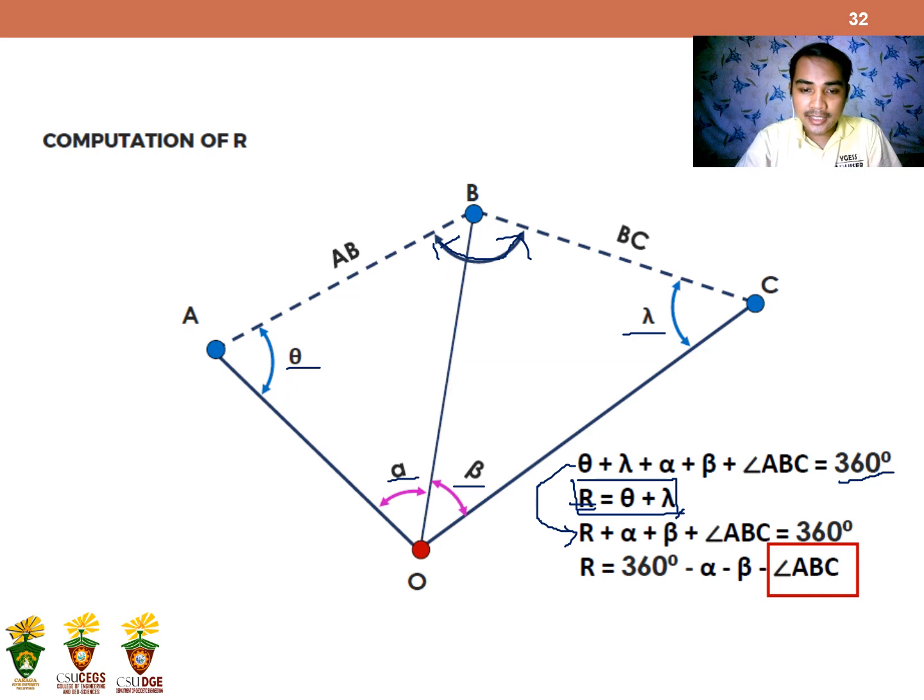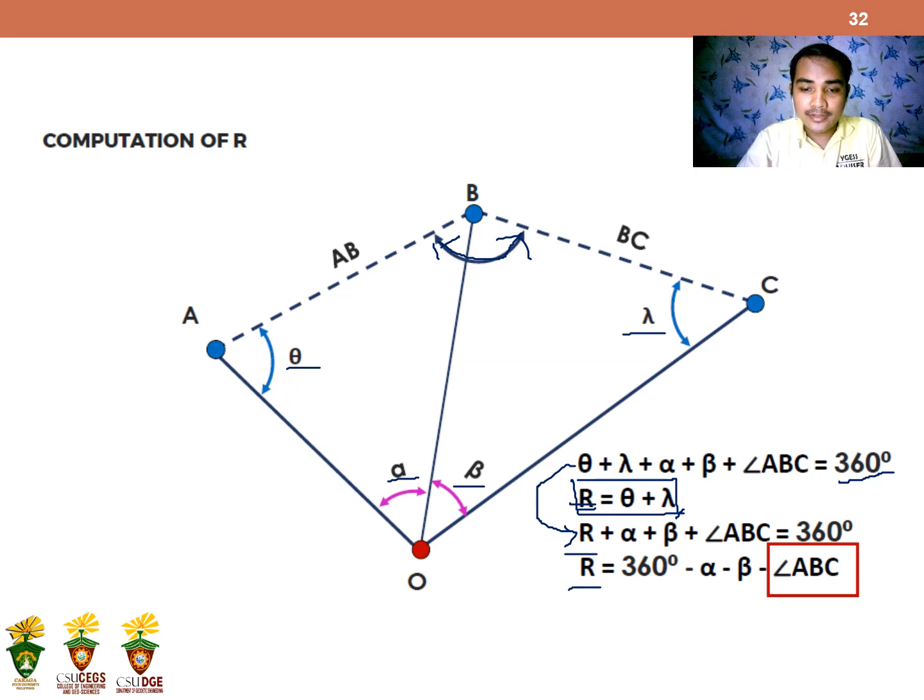Since theta plus lambda is r, so 1 si r, plus alpha plus beta plus the angle ABC is now equal to 360 degrees. So ito siyang in terms of r, we can now have 360 degrees minus alpha minus beta minus angle ABC.